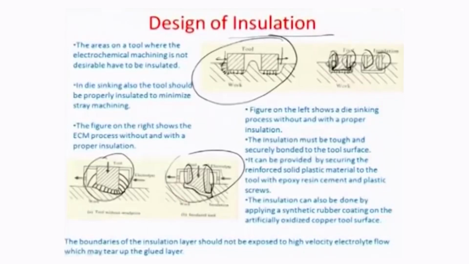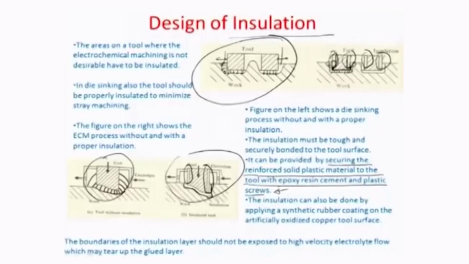Insulation can be done by securing reinforced or solid plastic material to the tool with epoxy resin, cement, and sometimes plastic screws. In fact, one has to be careful: the moment the term insulated pads comes into the picture, they have to be very well pasted onto the surface of the tool.